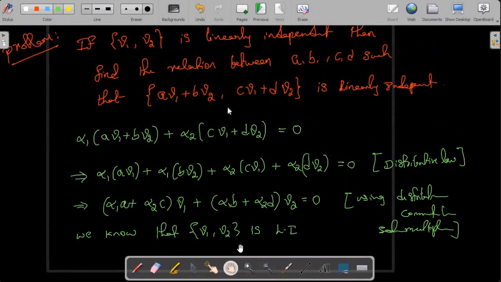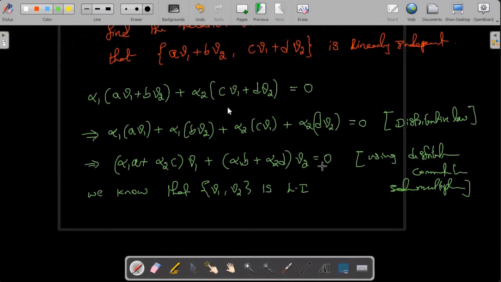So when it is linearly independent, if the linear combination is 0, then definitely the scalars must be 0. It means alpha 1 A plus alpha 2 into C equal to 0, and alpha 1 B plus alpha 2 D must be equal to 0.